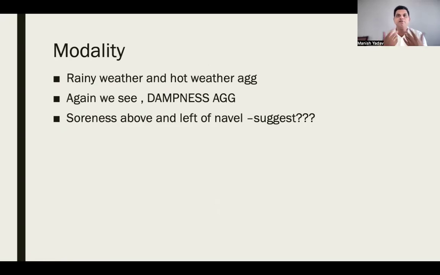Of course, if he was my patient, I would have examined, I would have done sonography. Even if you examine and the patient is constantly telling upper, above and left of the navel, what does this suggest? This suggests the organ affected is spleen. What is behind this? Spleen. So maybe spleen is enlarged. So in this patient, gallbladder, liver, and spleen are affected.